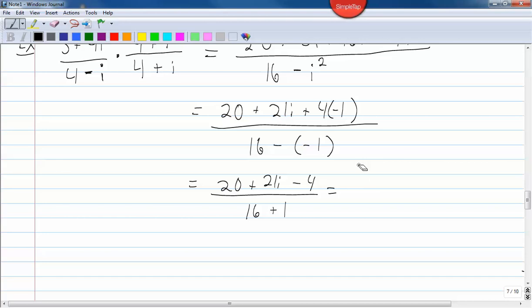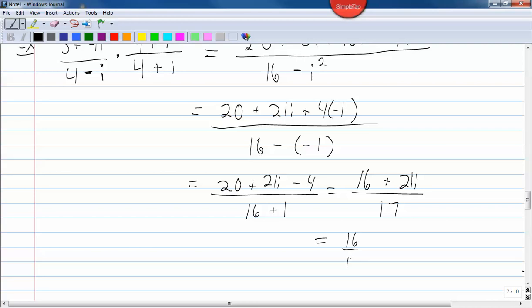So now I need to combine these two real numbers, 20 and negative 4. That's 16 plus 21i over 16 plus 1 is 17. Now, I can't leave my final answer like that because I want the real part and the imaginary part.